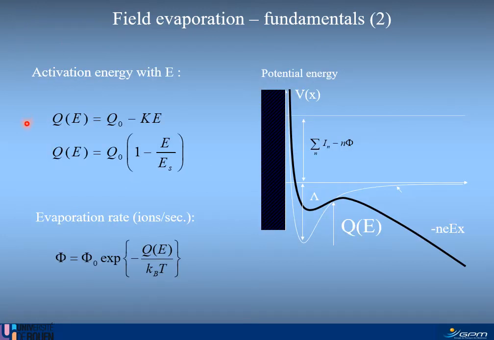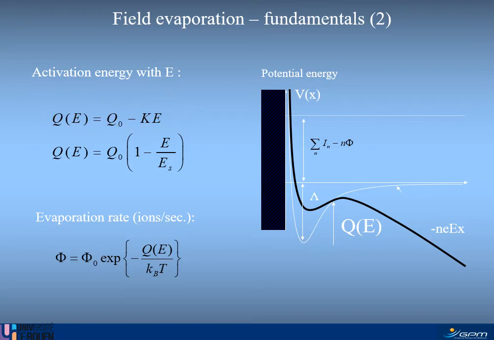So now let us come back to this expression. Clearly, this activation energy can be null. If you write Q of E equal to 0, you will have an electric field threshold, ES, defined by this expression equal to 0.